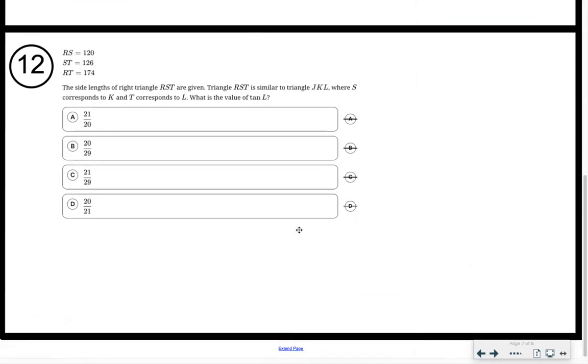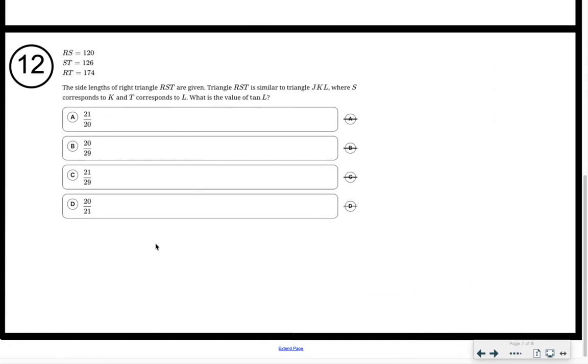All right, on to the last one. We have two similar right triangles, and they're asking us to do trig. Almost every time I've seen a problem like this, there's no need to draw the two triangles. Only draw the triangle with the information that's given.